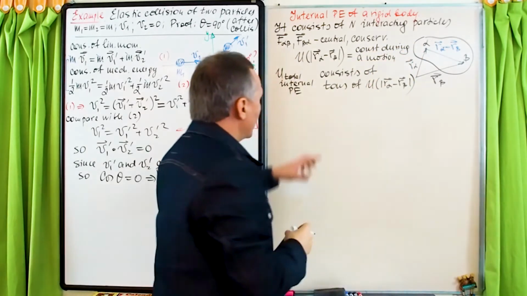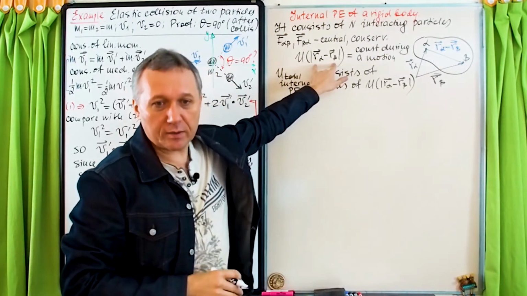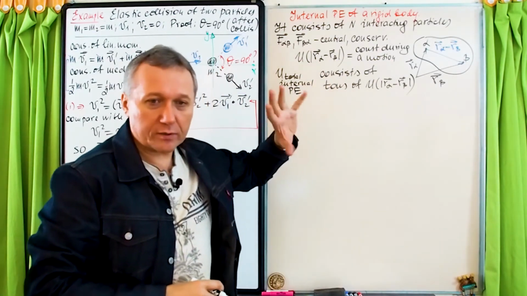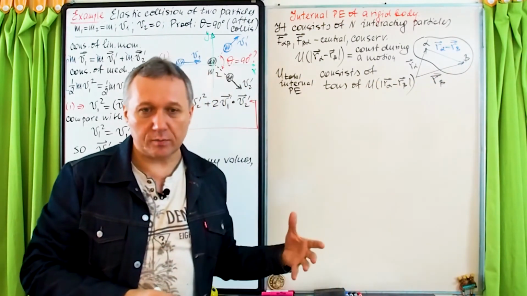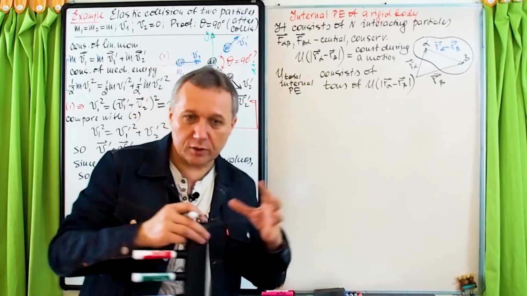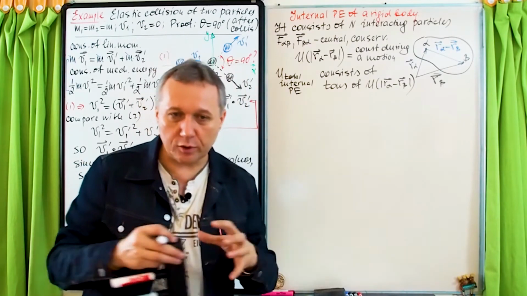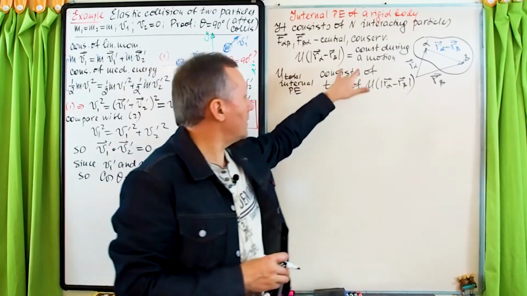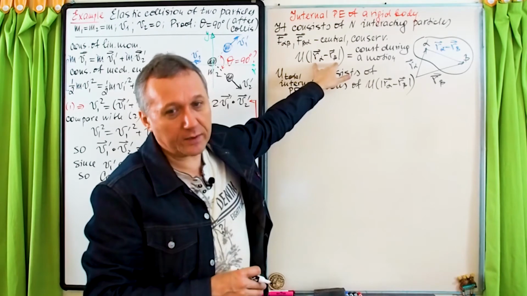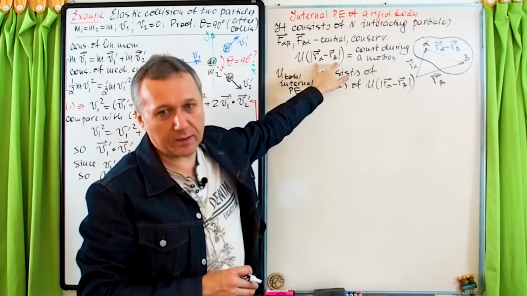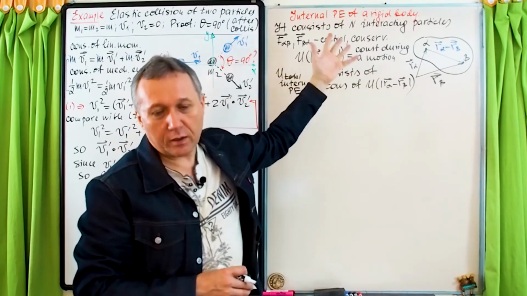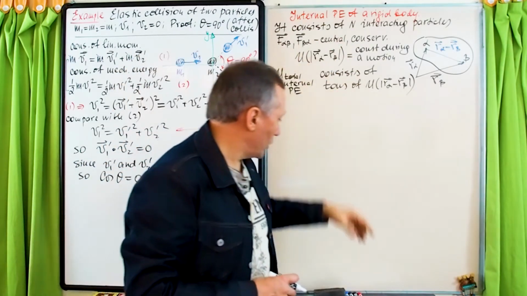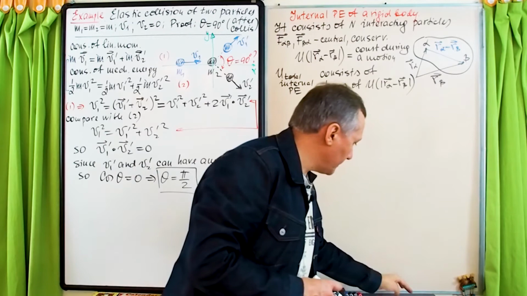Why constant? Because this distance, r alpha minus r beta, on the rigid body, maybe it spins, flies, translational, rotational motion. But since we're not deforming the object, not distorting it, all these r alpha minus r beta stay the same. So it's a constant. And since it's a function of a constant, the whole potential energy term is constant.